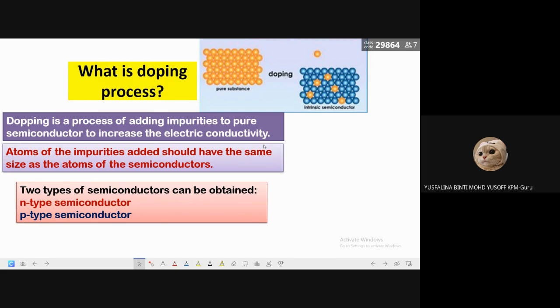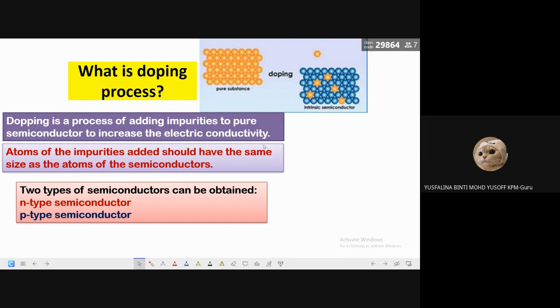So the atom of the impurities added should have the same size as the atom of the semiconductor. If you want to do a doping process on the semiconductor, the size of the atom needs to be the same.